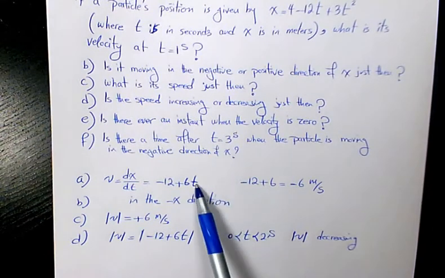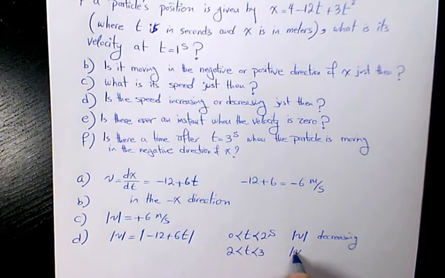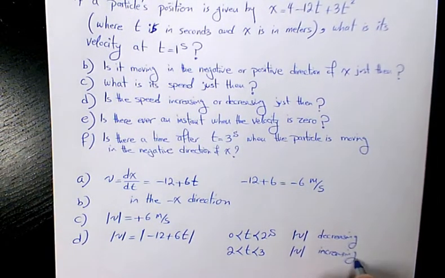Why? Because when you substitute 2 here, it makes it 0, and then from 2 to 3 it is increasing, and then it keeps going up.